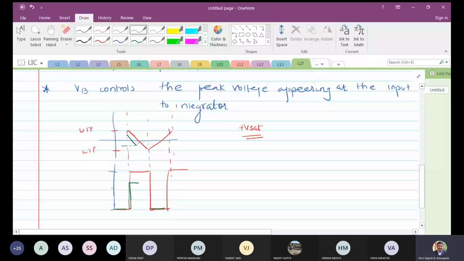And the moment it switches again, it will start behaving like this. Are you getting this? Yes, sir. Why? Because this was VSAT, this was minus VSAT. Of course, this also will be changing to a new value like this.